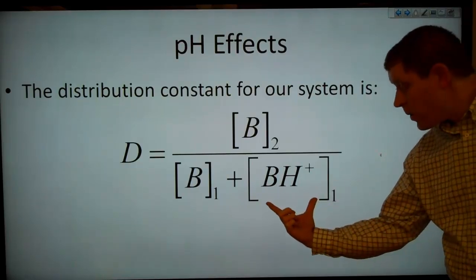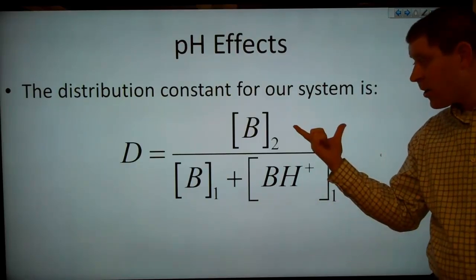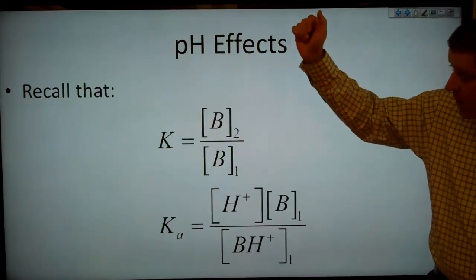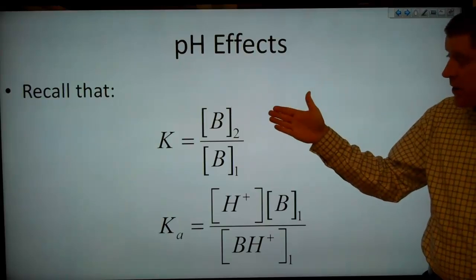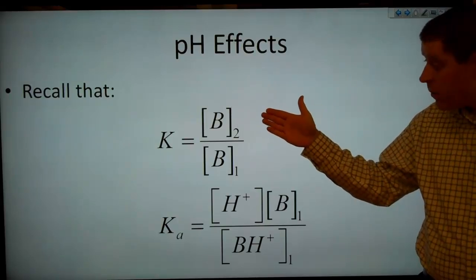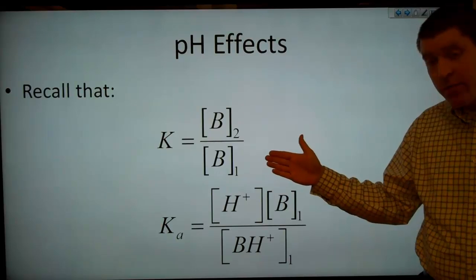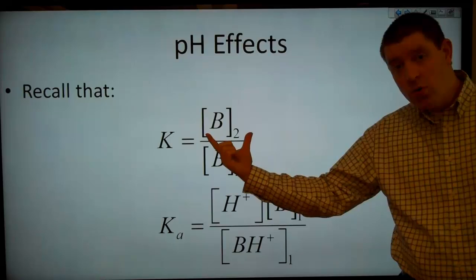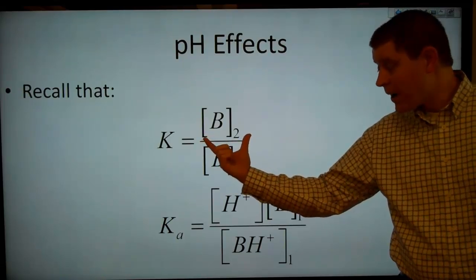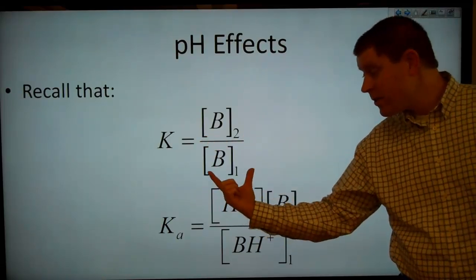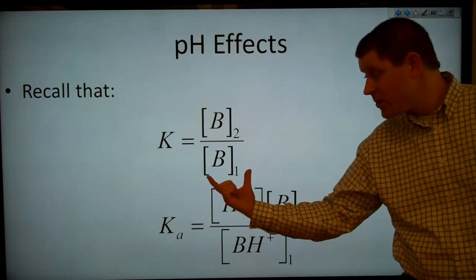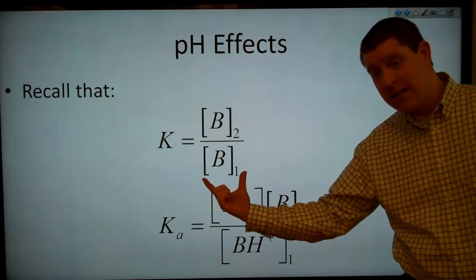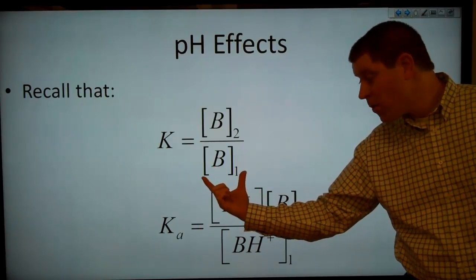And again, we essentially have a 0 concentration of BH+ in that organic layer. So remember that the partition coefficient is equal to the concentration of B2 divided by the concentration of B1. So these are the concentrations of our neutral species in the organic phase divided by the concentration of the neutral species in the aqueous phase. So this term does not include the concentration of our base in the protonated form.